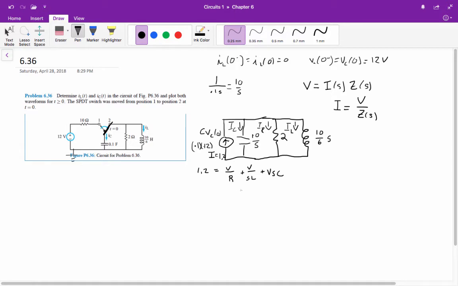These are the reciprocals of the impedances right here. So this becomes 1.2 equals, and factor out a V, 1 over R is 1/2, plus 1 over SL, which is 1 over S times 6 over 10, just the reciprocal of that, plus 0.1 S, so the reciprocal of 10S is 0.1 S. And I'm sorry, my S's look just like my 5's.